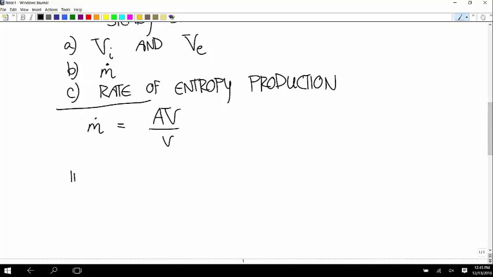So at the inlet, we can use a table to give us VI and SI. And so, right, that's what we're trying to calculate.